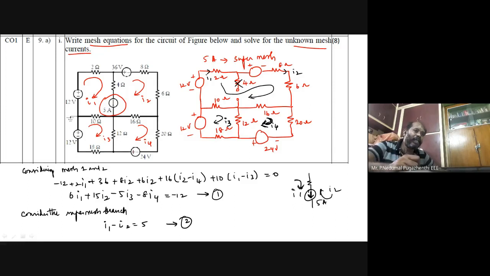The same way, I can write the equations of these two meshes.